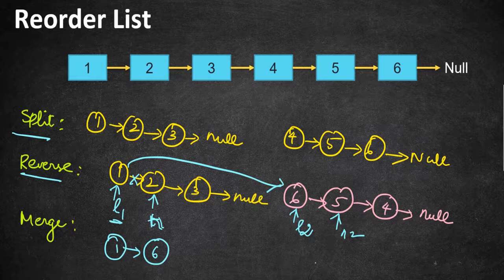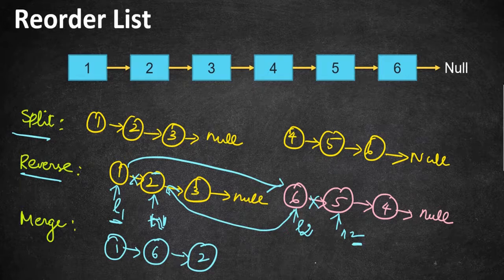Just to keep track of the rest of the list, we have the N1 pointer, because we should not lose track of it. Now we connect L2 dot next to N1, because that has to be the next node. Once we connect 2 here, the connection between L2 and N2 will be terminated. That is why we kept N2 here, to keep track of the rest of the list.